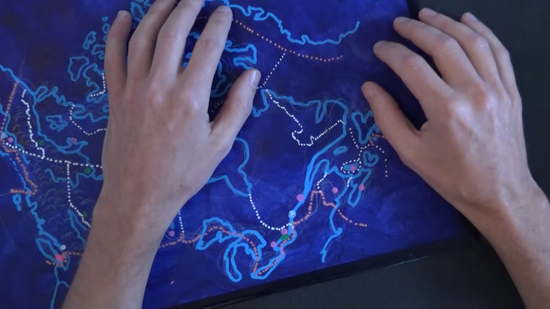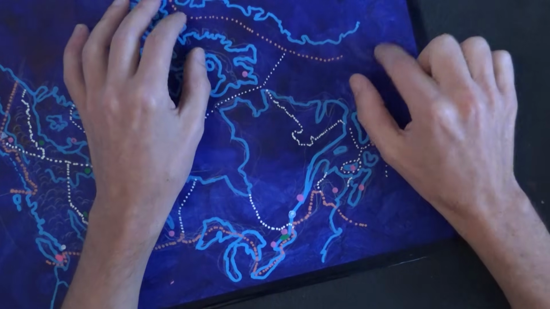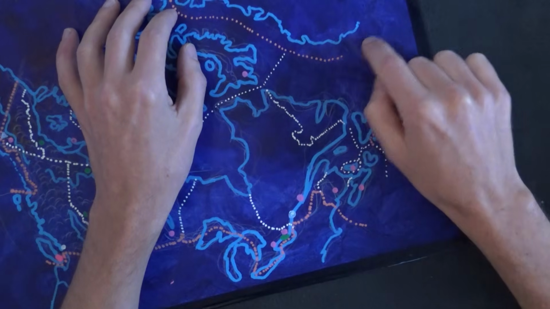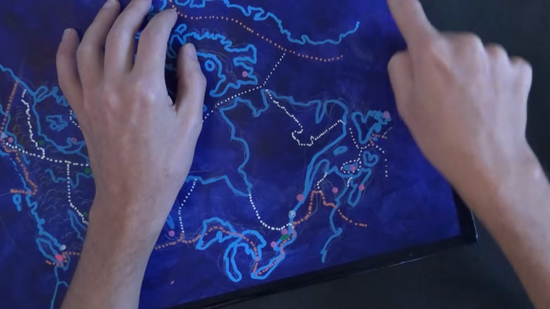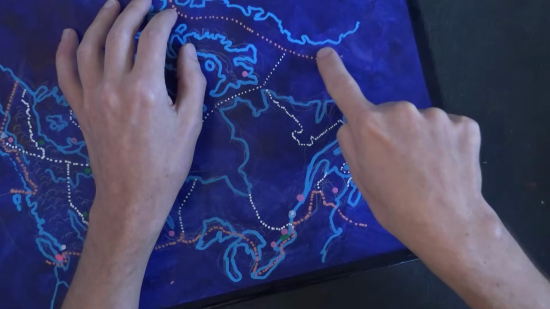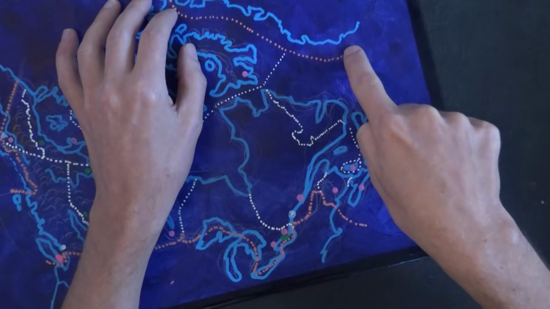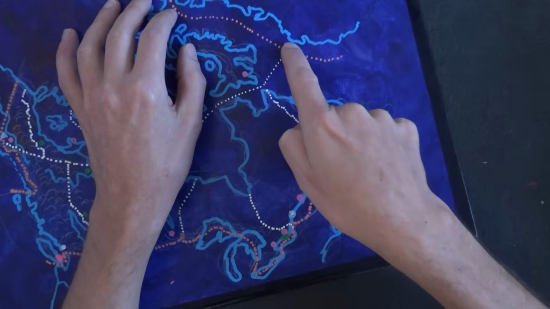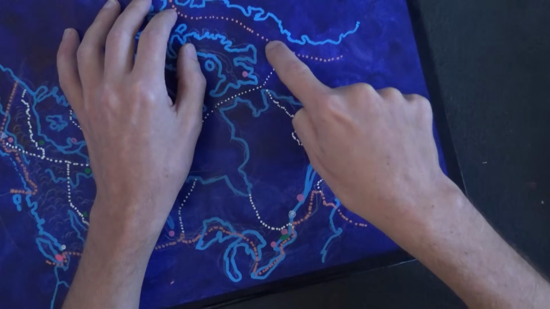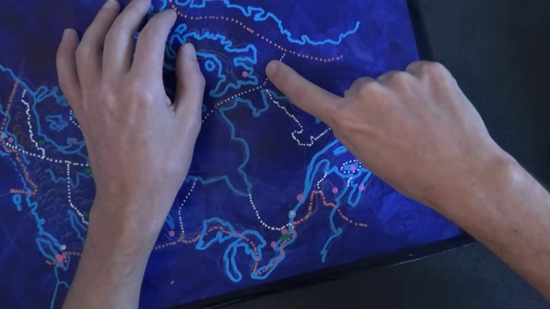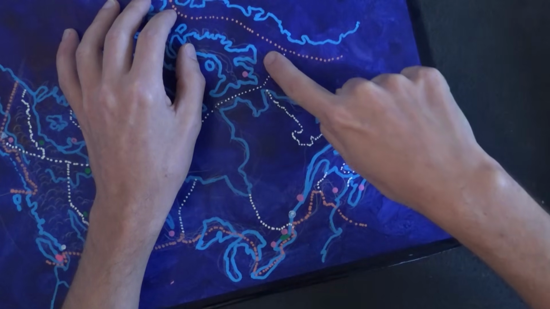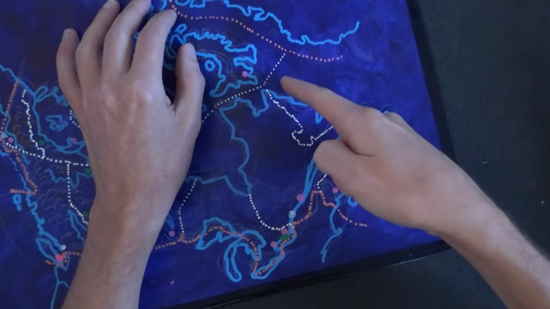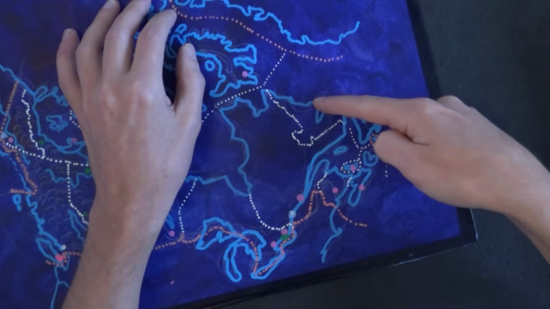So Eric the Red from Iceland, he made a journey from Iceland here, followed the western coast of Greenland and then over Davis Strait and found the American coast here, Labrador.